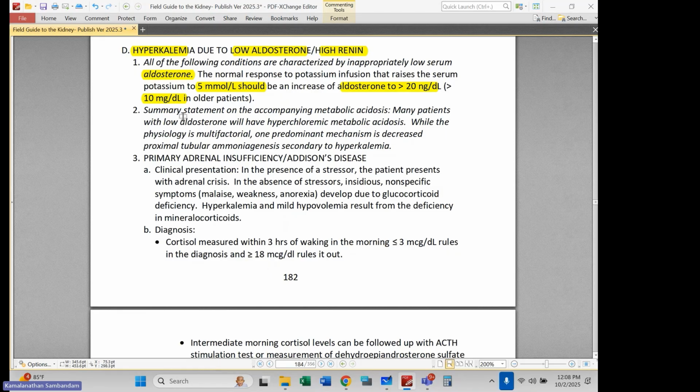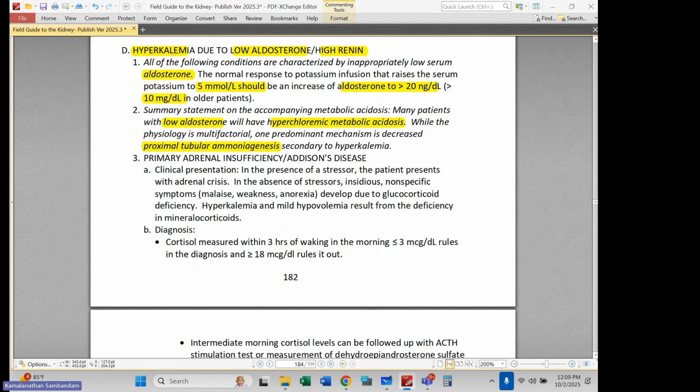And these individuals often have a concomitant hyperchloremic metabolic acidosis. One of the main mechanisms of that is the hyperkalemia itself impairing the generation of urinary buffer, that is ammonium, one of your main urinary buffers for modulating acid excretion rates.